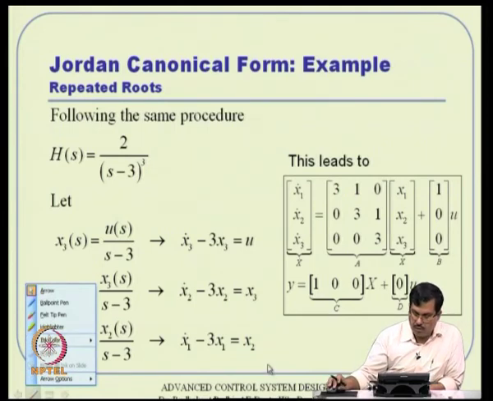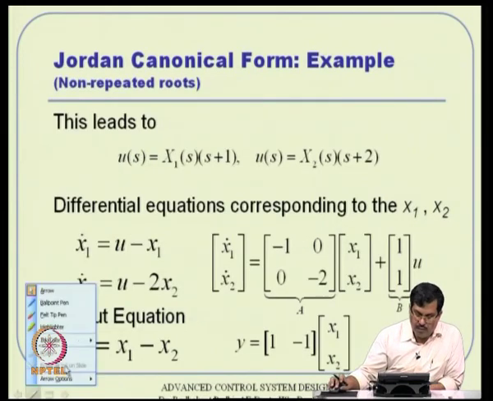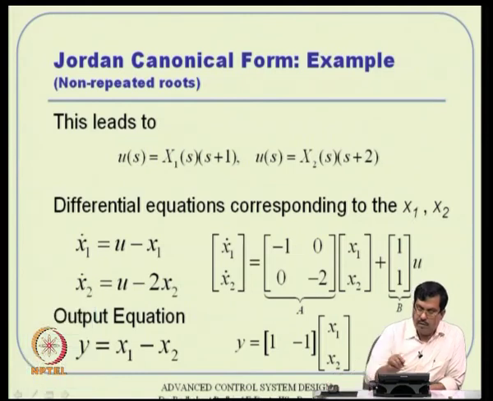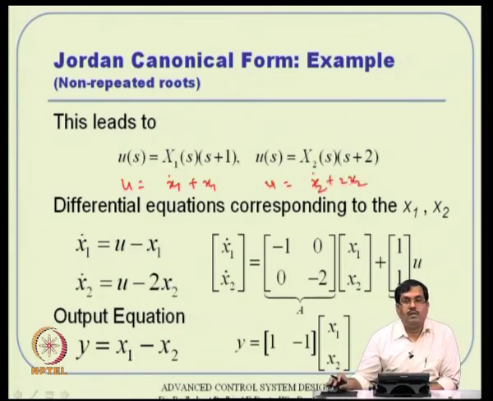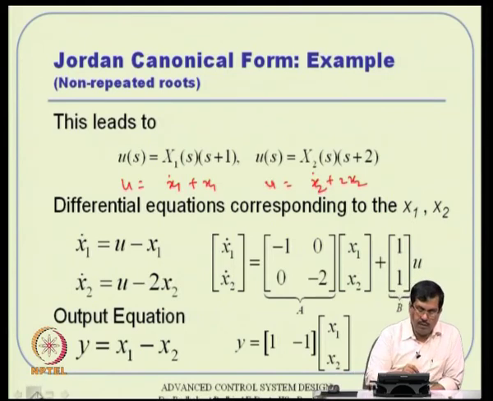Say u is nothing but x1 dot plus x1, and these are all in the time domain, actually. And u is x2 dot plus 2x2. So, if I rearrange these terms, what do I get here?